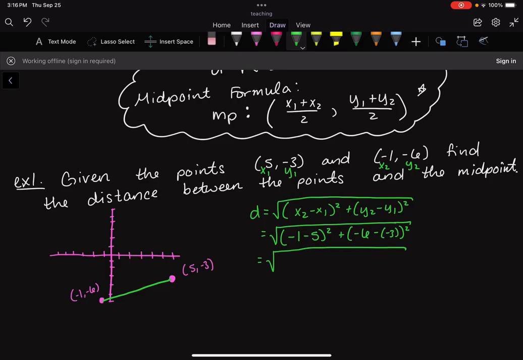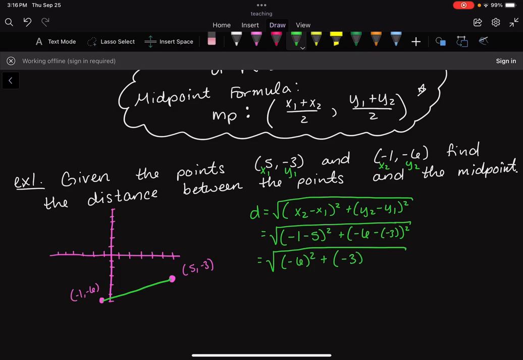And this is all in the square root, but you have to simplify inside the root first. You can't just cancel stuff out. So -1 minus 5 will give me -6 and then squared. -6 minus -3 is -6 plus 3.